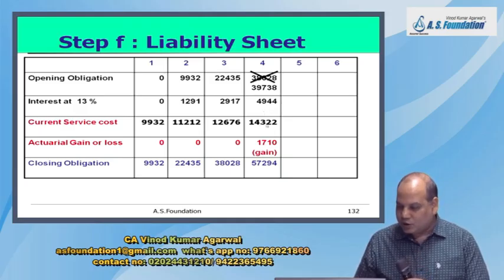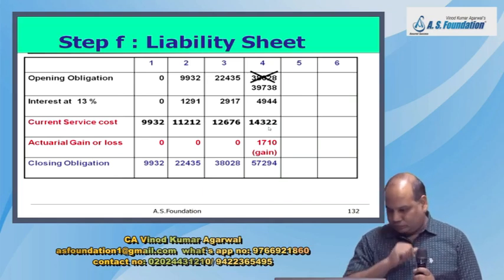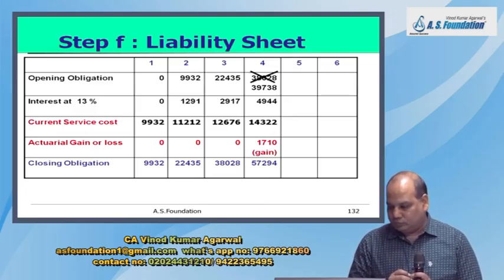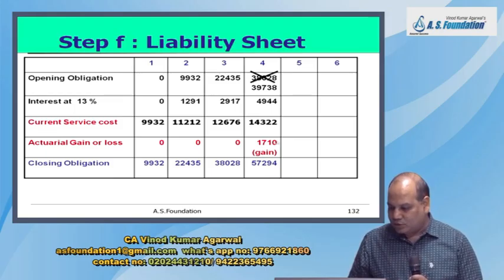So this interest we will charge. Current service cost I have already calculated. Okay. And what should be my closing obligation? Now you see, I have to change my liability from 39738 to 38028.